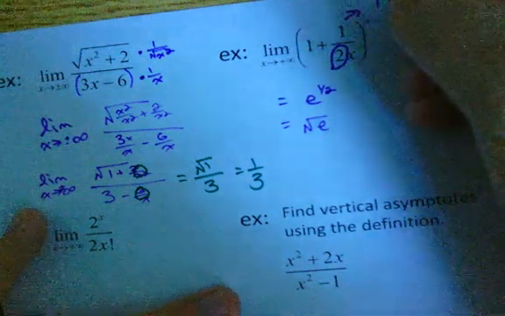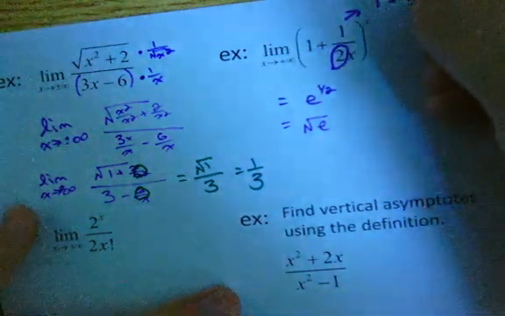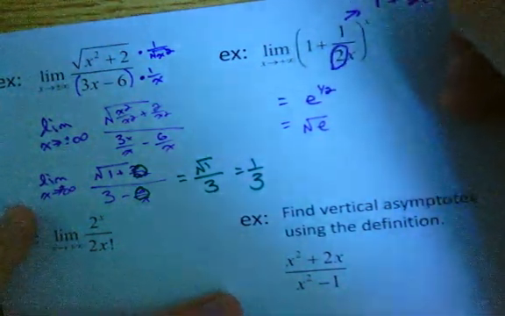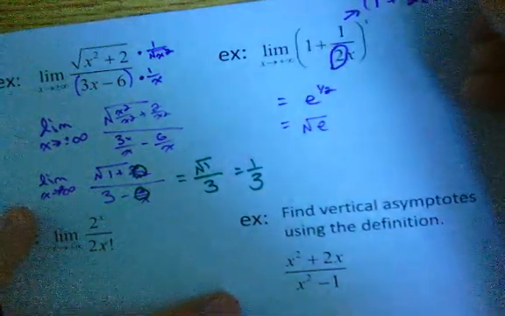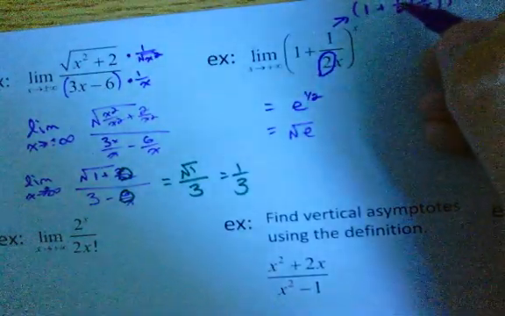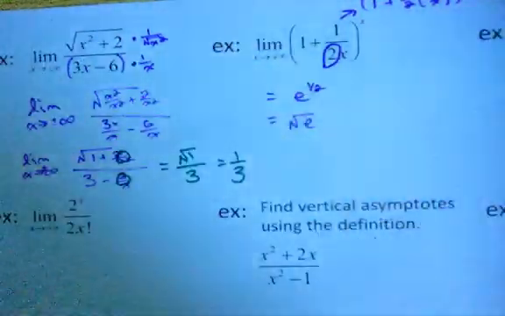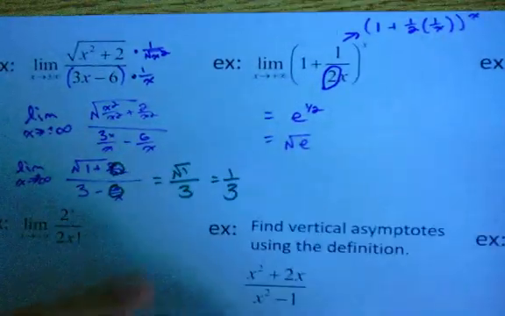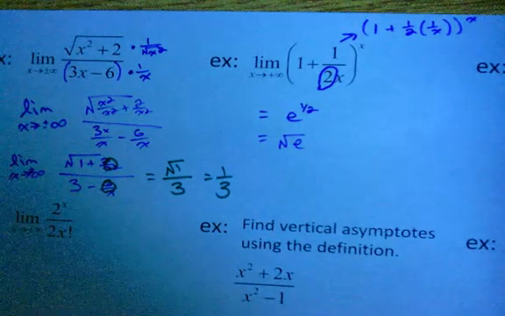I'm going to rewrite this little part so it looks a bit more obvious: it's 1/2 times 1/x. Just look at that coefficient right there; it's always going to be your exponent.